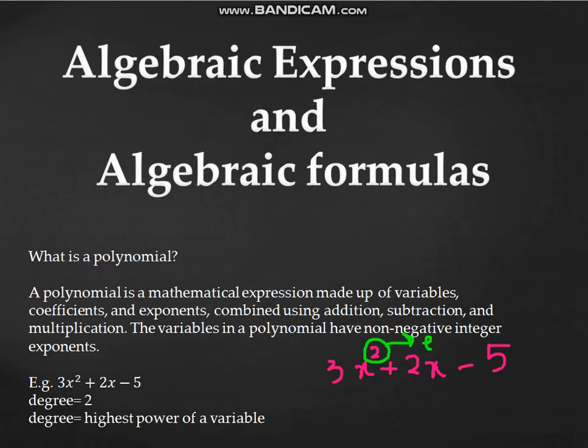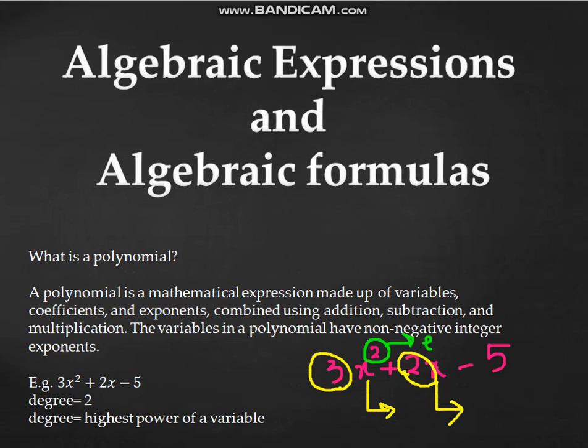The variable in this instance is x, here x and then here x. Both x's are variables. And 3 and 2 are coefficients because they are attached to the variables, right?